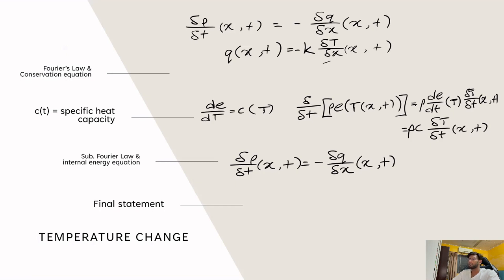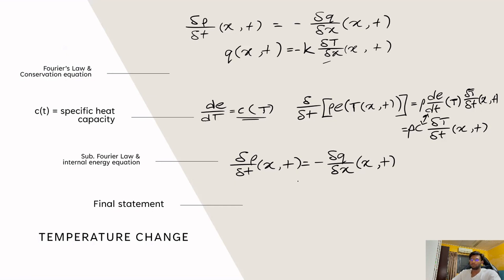After differentiating it, we get rho dE over dt, and that is indicative of the specific heat capacity constant, right? So we can substitute that. Now it becomes rho C partial T over partial time.